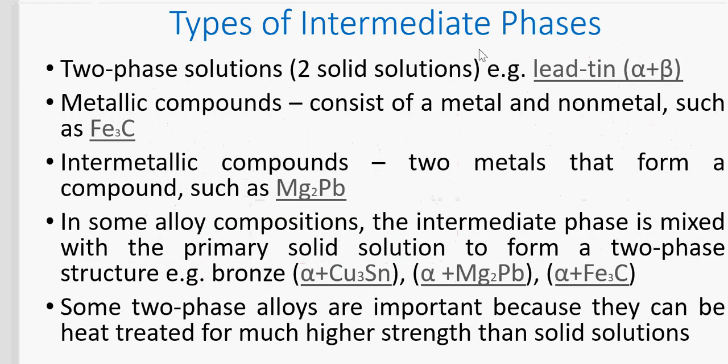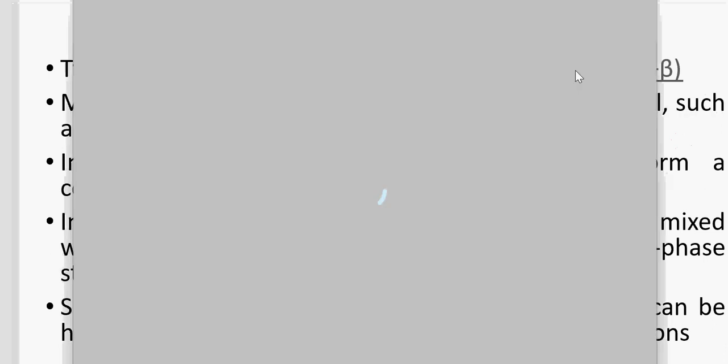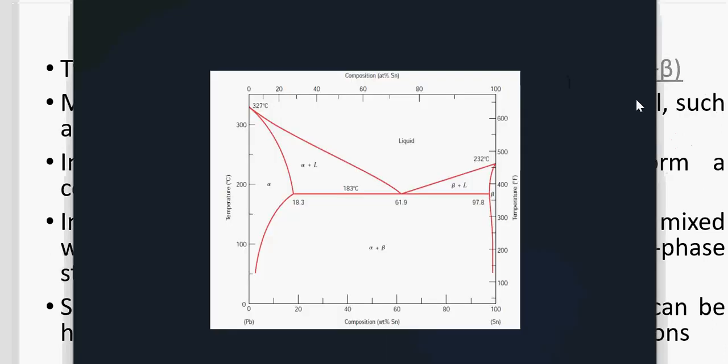So these are the types of intermediate phases. An example is what? Lead and tin. In the example I just drew, here we have alpha and here we have beta. Here we have a small amount of tin in lead, and the tin is soluble.